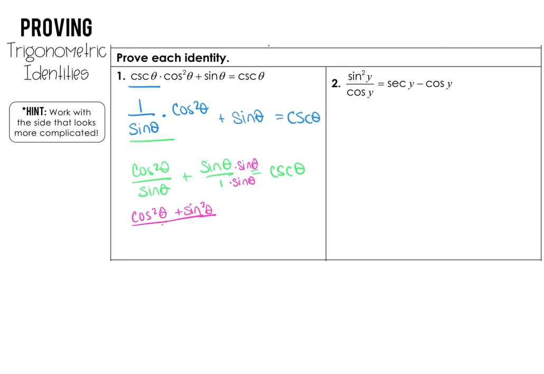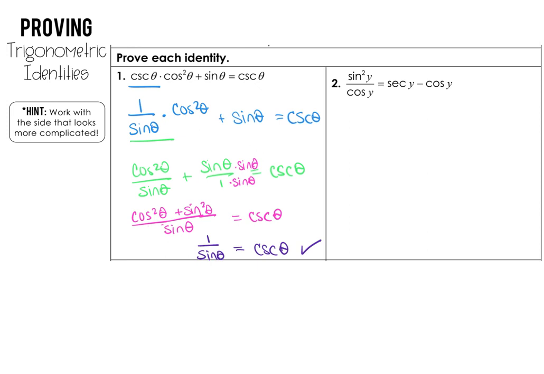And then I am going to put my denominator of sine. What is cosine squared plus sine squared? 10, no. It's just 1, right? 1 whole. 1 over sine. Is that true? It is.